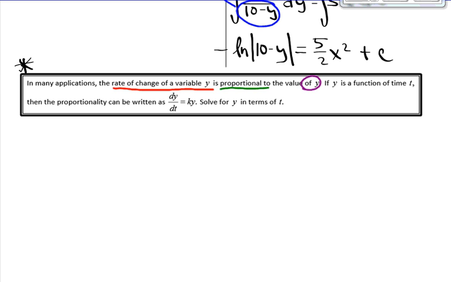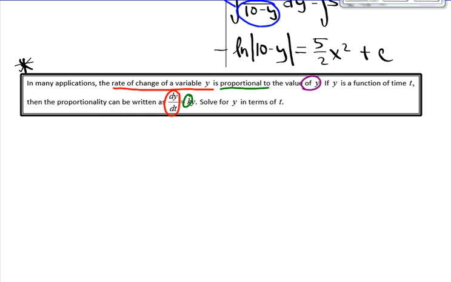So what you can do here is create an equation. It says if y is a function of time, then that proportionality can be written as dy over dt equals ky. So dy dt, if you go back to my color, the rate of change of the variable y, that's dy dt. And then is proportional to, the way we put proportional to in math is we put a k to show that's a constant.